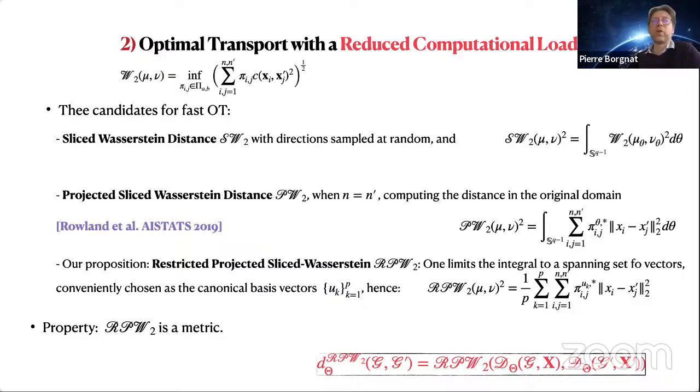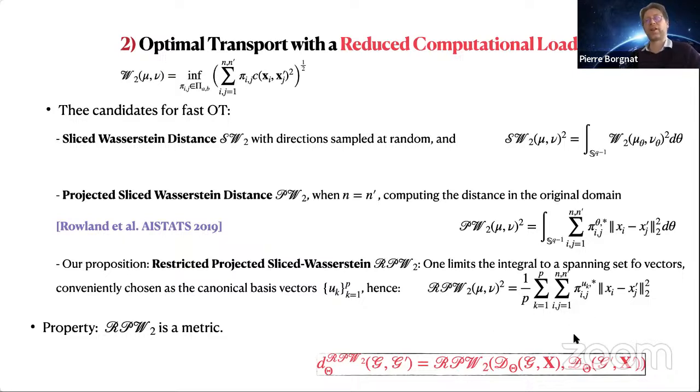But in our proposition, we don't want to approximate the Wasserstein distance. What we want is a parameterized distance so that we are now able to learn a metric which is best suited to the task at hand. So we don't need a good approximation of that. We just need to take a few random or practical directions so that we still have a distance and a reduced computational load.